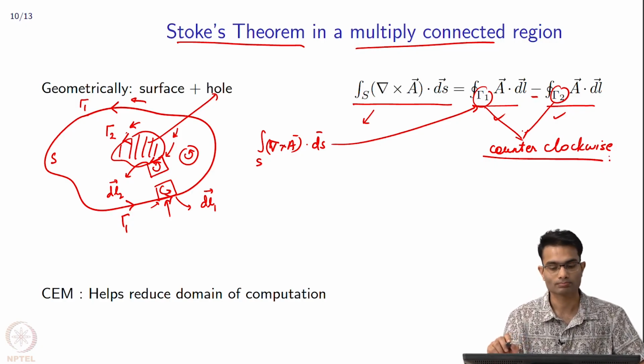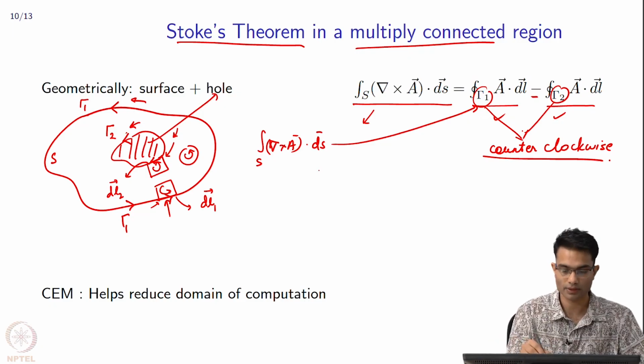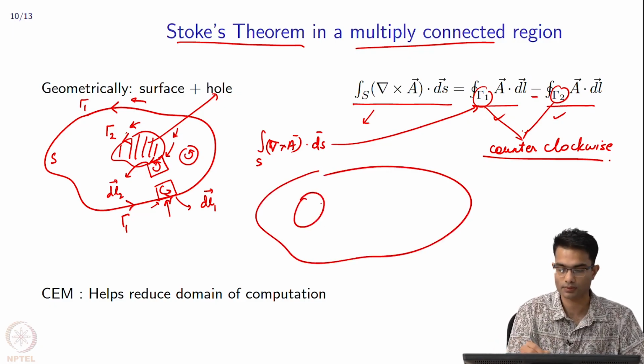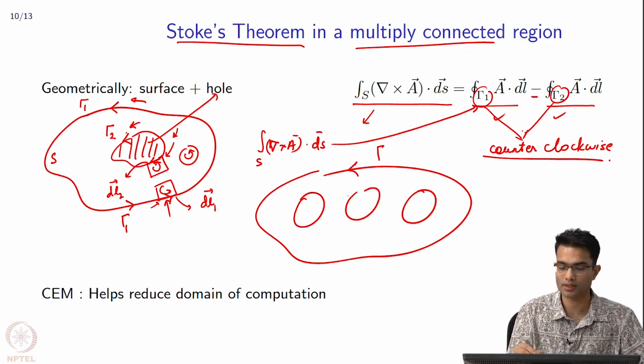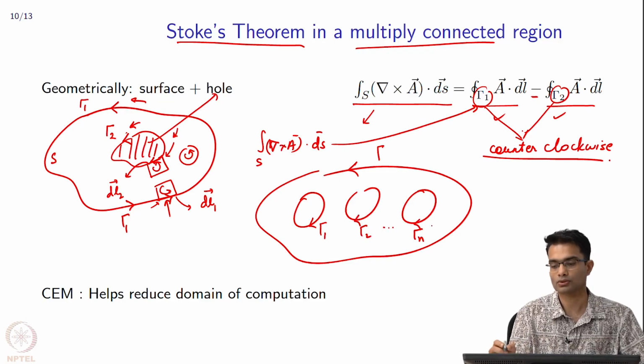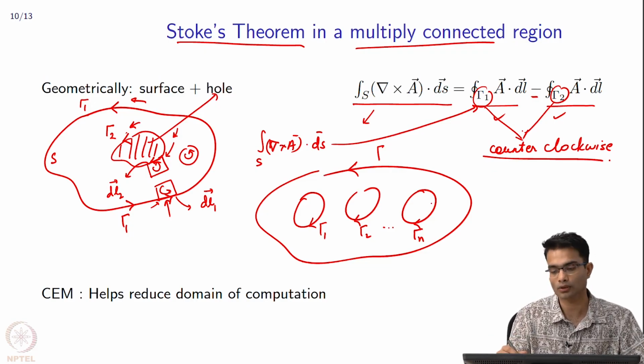Then you can extend this idea to multiply connected regions. Let us say I have a volume like this, with multiple things being cancelled off over here. So, I have overall gamma, and I will call these gamma 1, gamma 2, dot dot dot, gamma n. I just have to subtract off the line integrals along each of these.